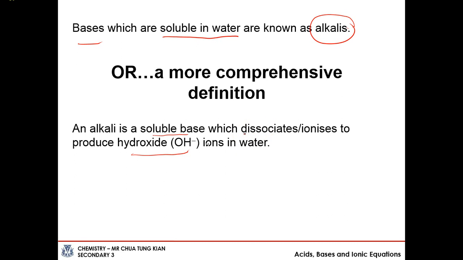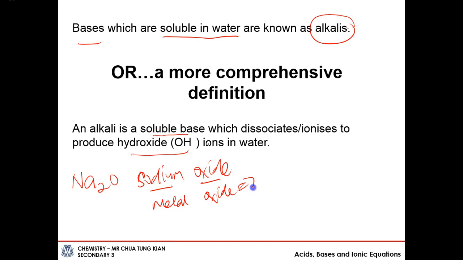So a very simple example would be NaOH. Na2O, this is sodium oxide. This is a metal oxide. It means that it is a base. And because Na2O can dissolve in water to give us NaOH, let's balance this equation.